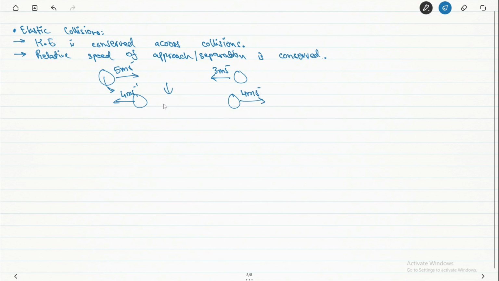This is because the relative speed of separation here needs to be 8 meters per second if the collision is to be elastic. This was 8 meters per second, and now the separation is also 8 meters per second. So these are the two things that you need to know about elastic collisions.